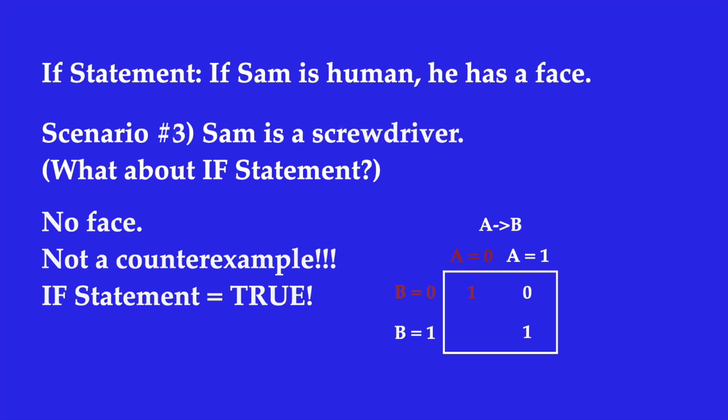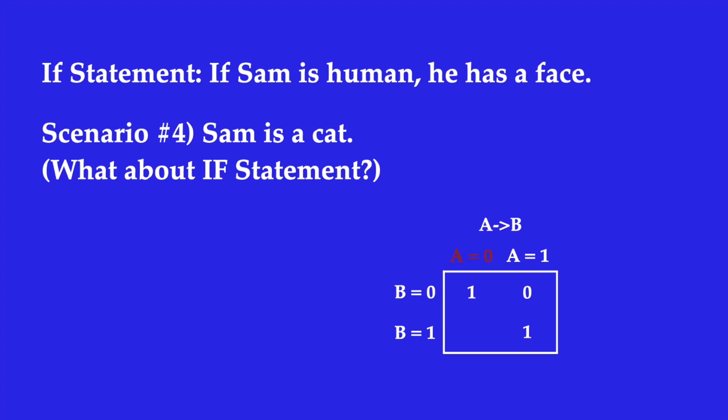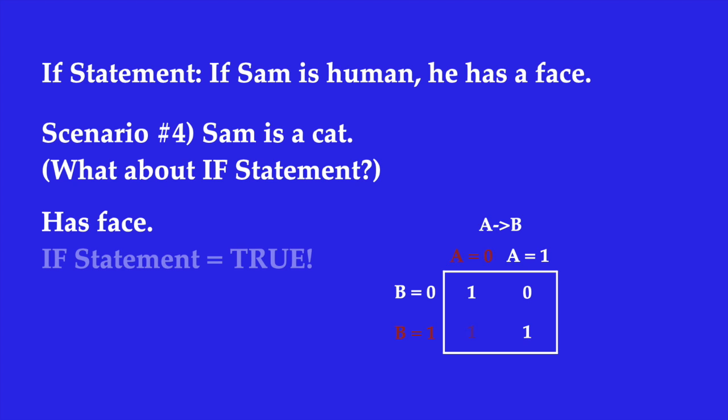In scenario number 4, Sam is a cat. So he has a face. He isn't human, so A equals 0, and since he has a face, B equals 1. And again, since Sam isn't human, the if statement is still true, so we place a 1 here.